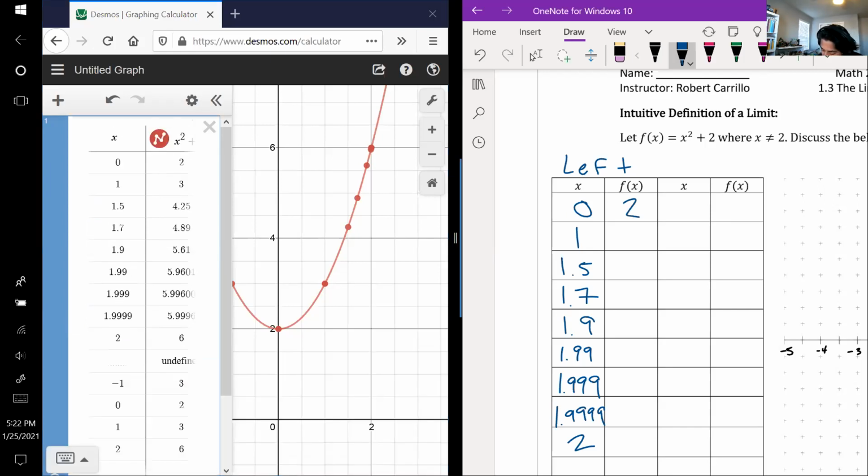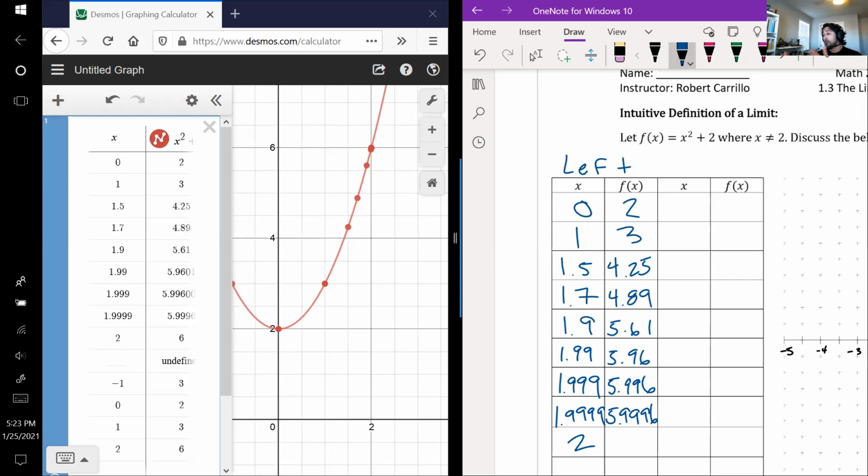So 2, 3, 4.25, 4.89, 5.61, 5.96, 5.996, and then 5.9996.